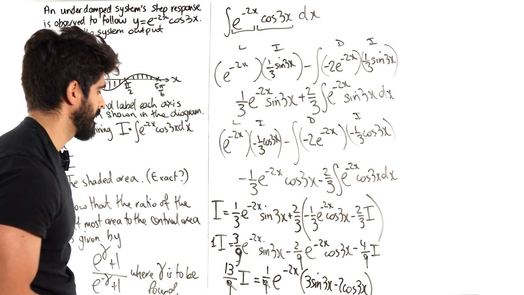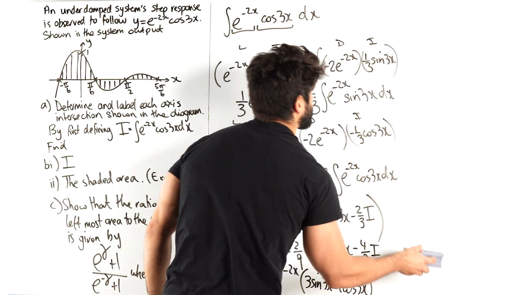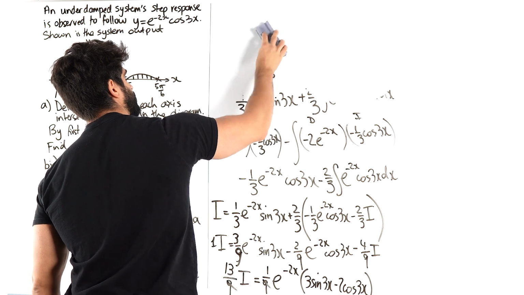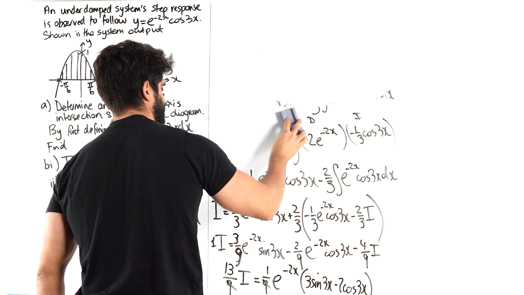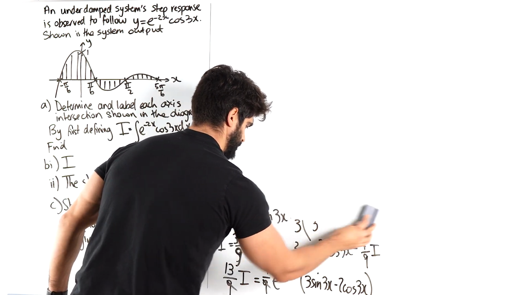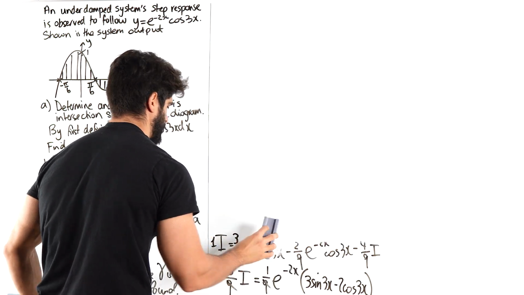Look at that beauty. There's that 13 I was talking about before. I'm just going to write my final answer up here. I'll rub out the rest of it in a sec.